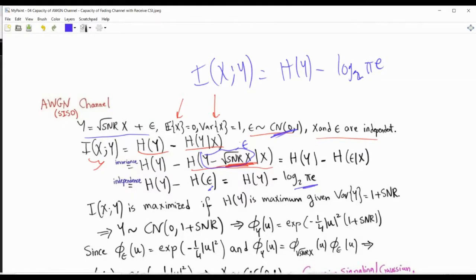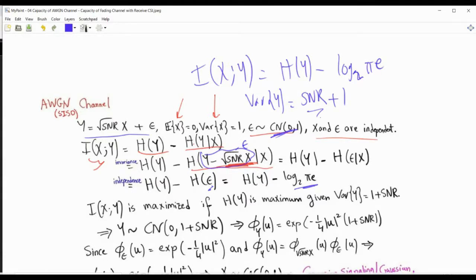Let's see, is the variance of y constrained? You can compute the variance of y. The variance of y will be SNR times the variance of x, which is 1, plus the variance of epsilon, which is 1. Once you fix the SNR, you operate your system at a given signal to noise ratio by adjusting the transmit power, and then the variance of y is given.